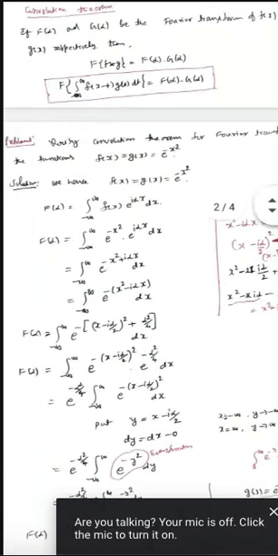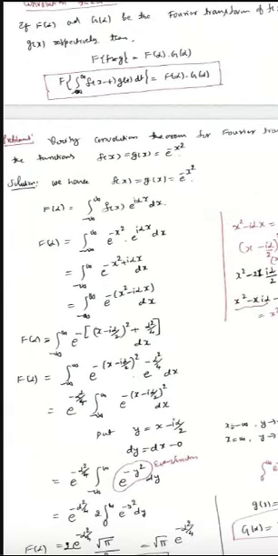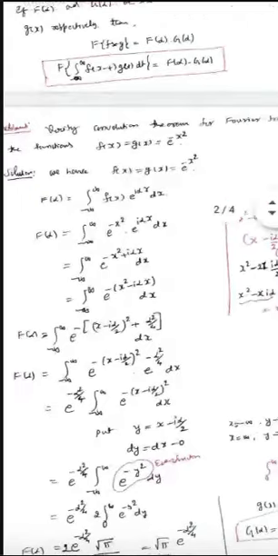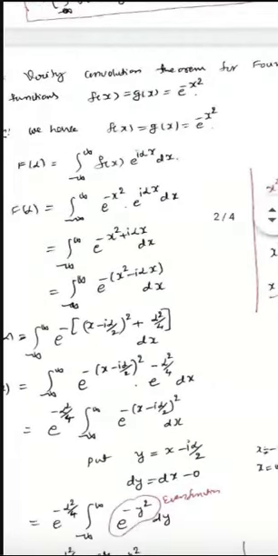You can do it. You will get e^(-(x - i alpha/2)^2 + alpha^2/4). This comes from the previous step, in the power of e, where I just added and subtracted (i alpha/2) whole square.